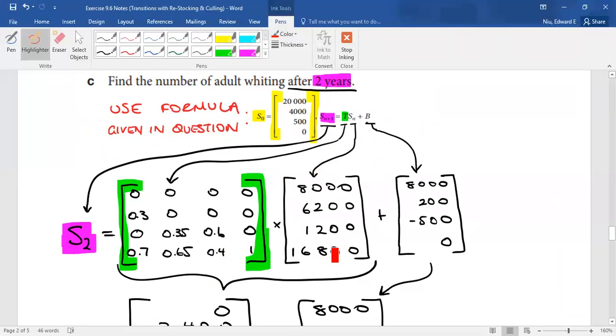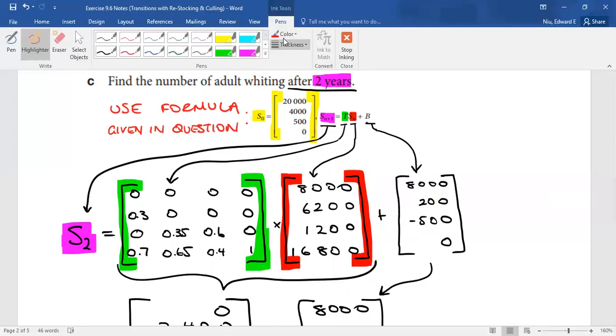And this is why recurrence relations, we've got to find out year by year. Without finding out year 1, we don't know what this matrix is going to be in this position. All right, so that's why it's super tedious. So where we got this SN matrix for this second question is from part B. Okay, so it's literally from that matrix from above in part B where we figured out after 1 year.